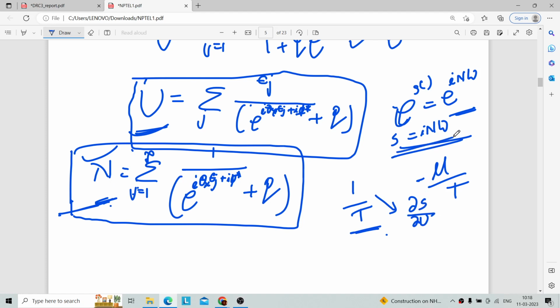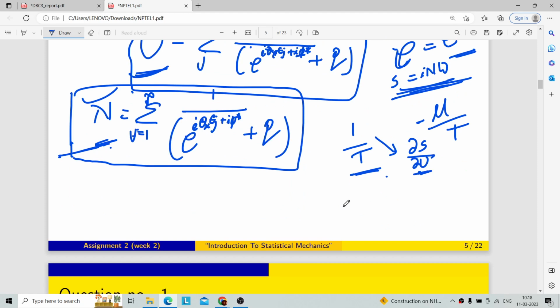So you have s, you can do the derivative with respect to u, then 1 over t will be del s over del u.